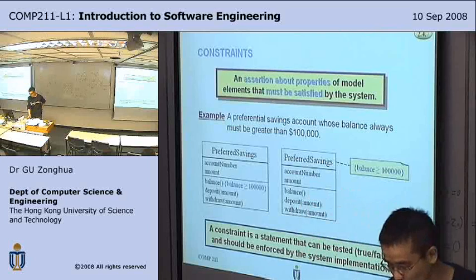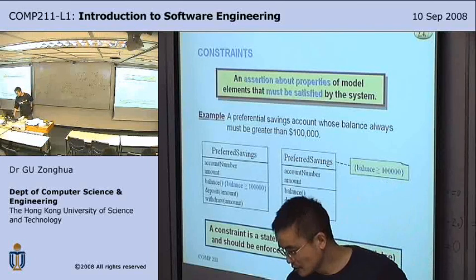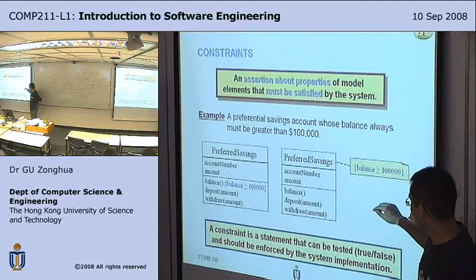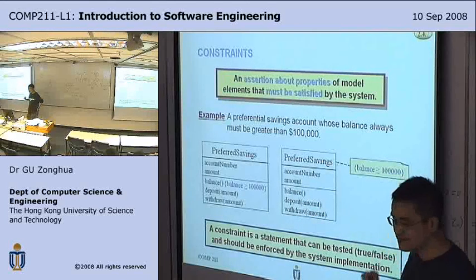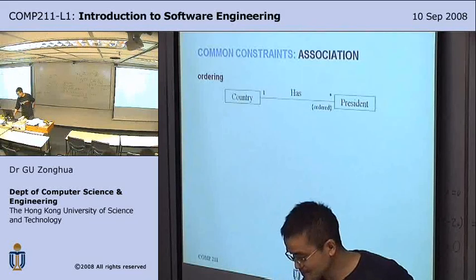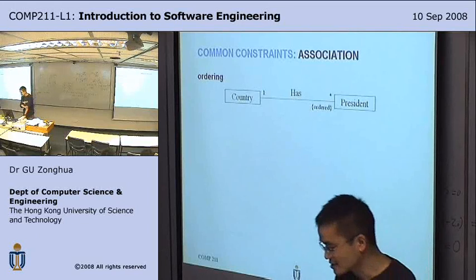We don't care. We only care about the specification right now. This constraint can be specified in this manner, but it's very informal. So that's why you need a more formal way of expressing constraints, which we'll discuss as the OCL next.